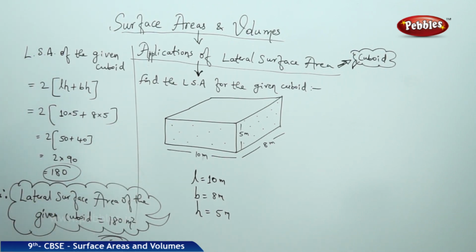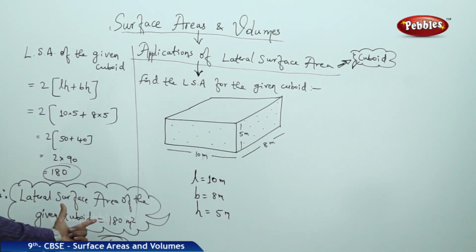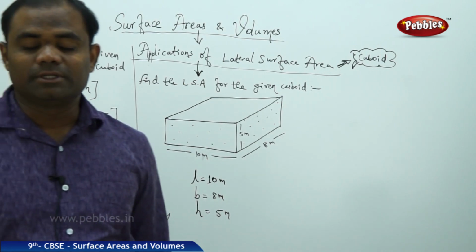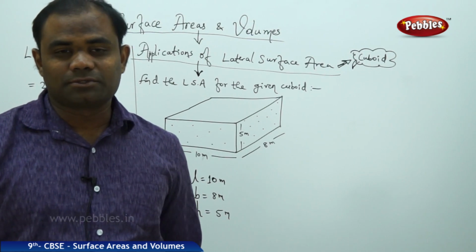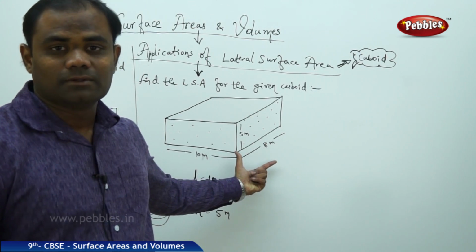That is how we understand the lateral surface area, which can be found using the dimensions of the cuboid. In this case, the answer is 180 meters square. Those are applications of lateral surface area in real life models.